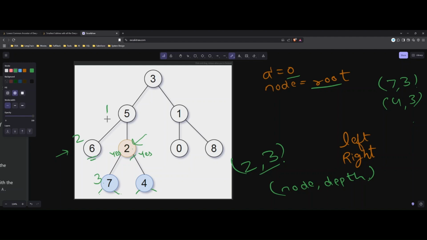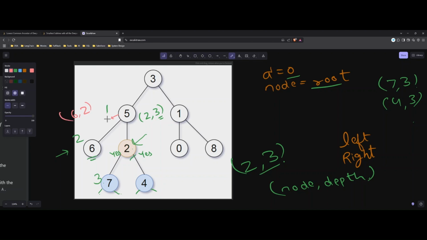So it will come to 5, and 5 will ask what have you found? It will say we have found the value 2, which gives us the depth as 3. It will say ask the right of it. So it will ask the left one, what have you found? It said we found only the value 6 with depth 2.